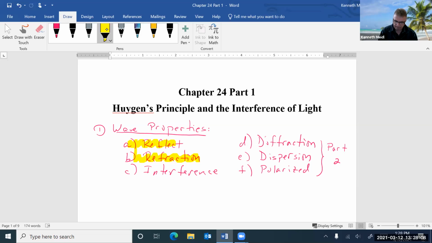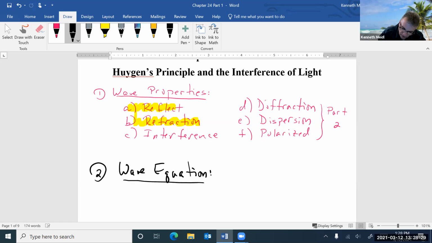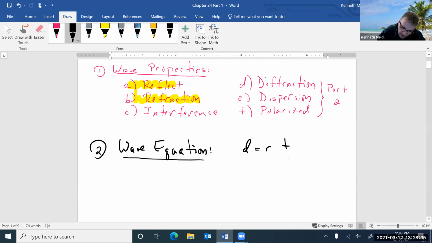Okay, let me remind you, some of you forgot this on the quiz not too long ago, that the wave equation really tells us there are just a very few things we have to pay attention to when it comes to waves. The distance a wave travels in one cycle is what we call the wavelength.